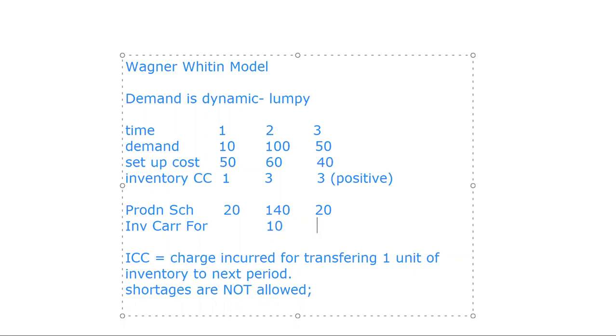So 50. Here 150. The entire 50 will be carried forward. 140 plus 10 minus 100. It will be 160 minus 110, so it will be 50. Isn't there something wrong?